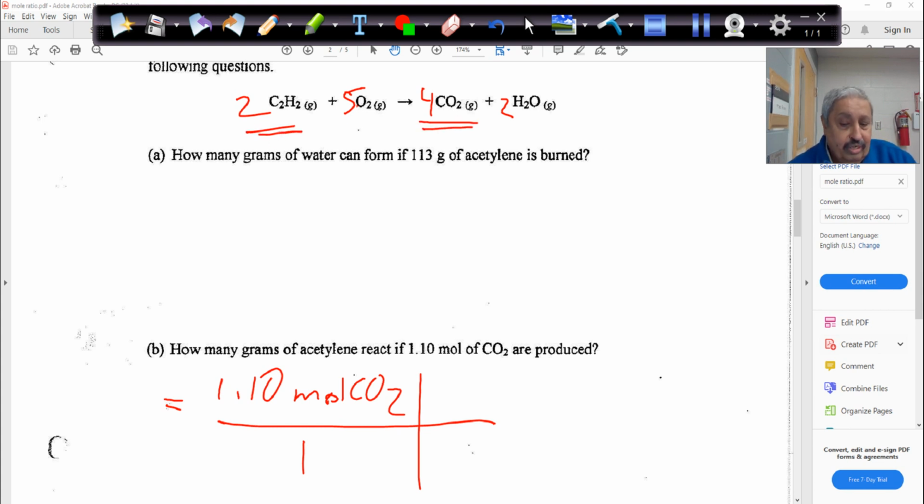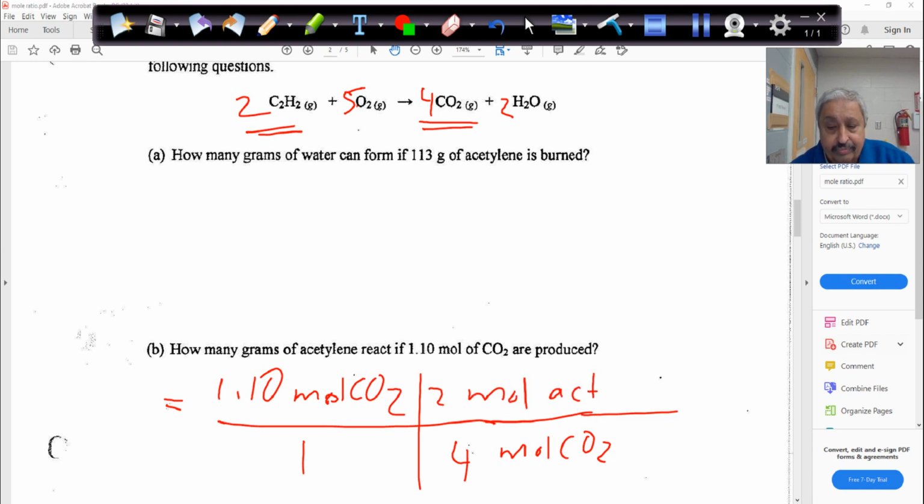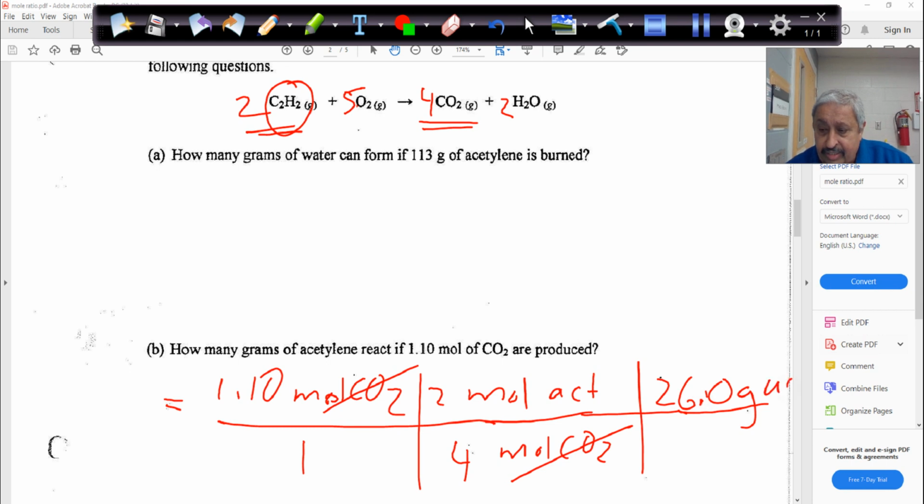Here it is. So I have here from the equation 4 mole of CO2 and 2 mole of acetylene. So mole CO2 cancels out. And then I have to get rid of mole acetylene. It needs grams of acetylene, that's 26, correct? 26.0 gram acetylene per mole acetylene.